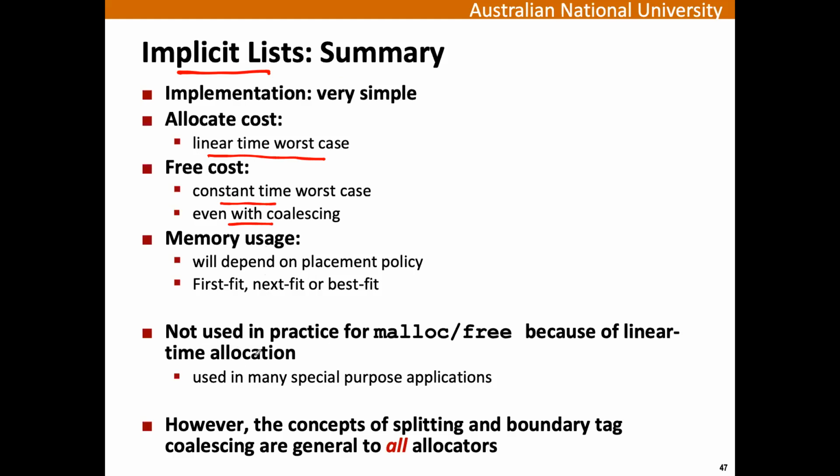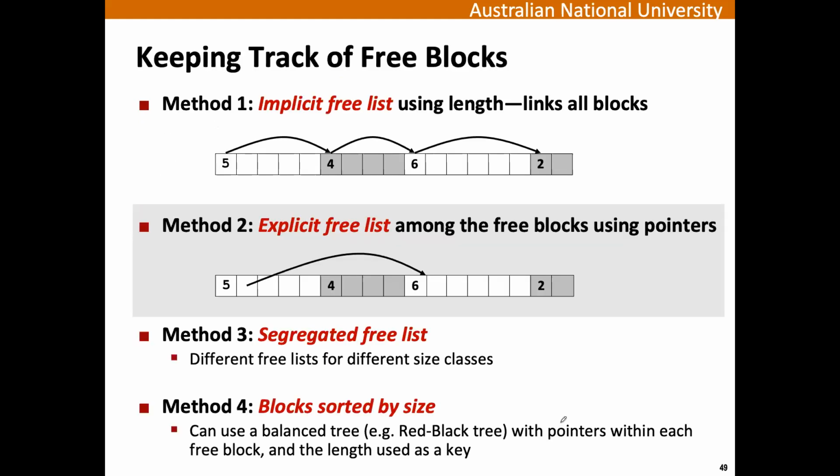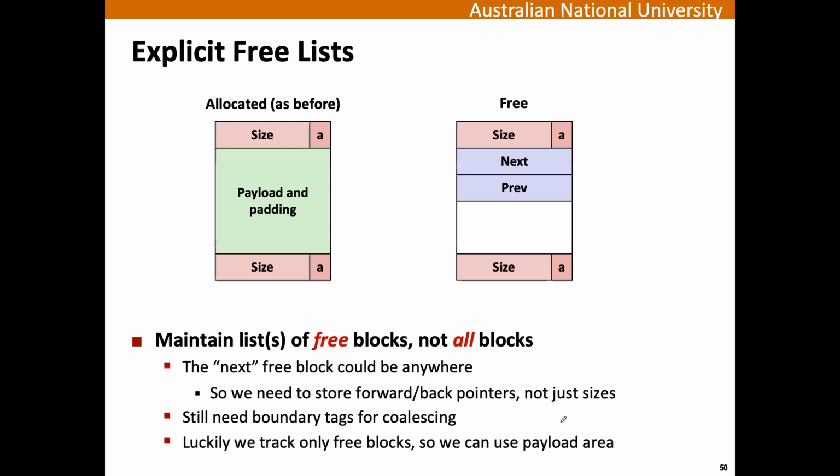And it's not really used in practice because of the allocation time, this problem where we have to traverse all the blocks. But the concepts that we have learned, boundary tags, splitting, coalescing, are applicable to all allocators. So next, we're going to look at explicit free list.